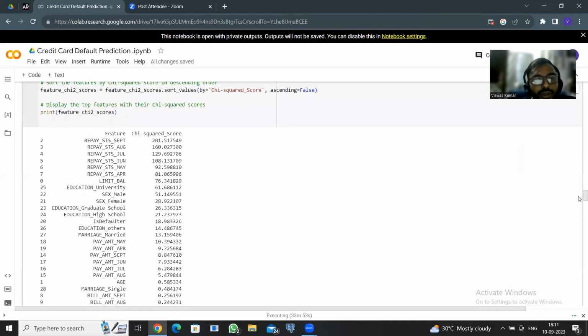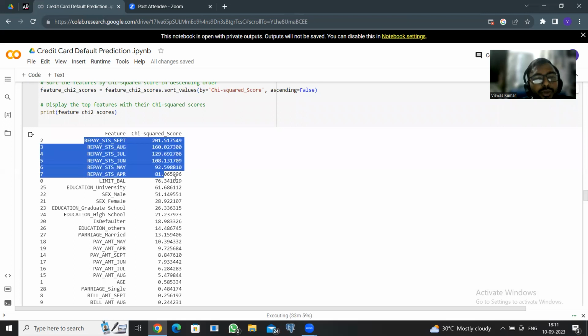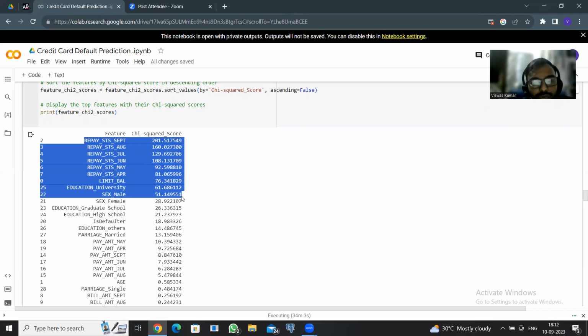From this chi-square function, we concluded that the repayment status of each month has the highest scores, giving the most important features to predict the dependent variable.